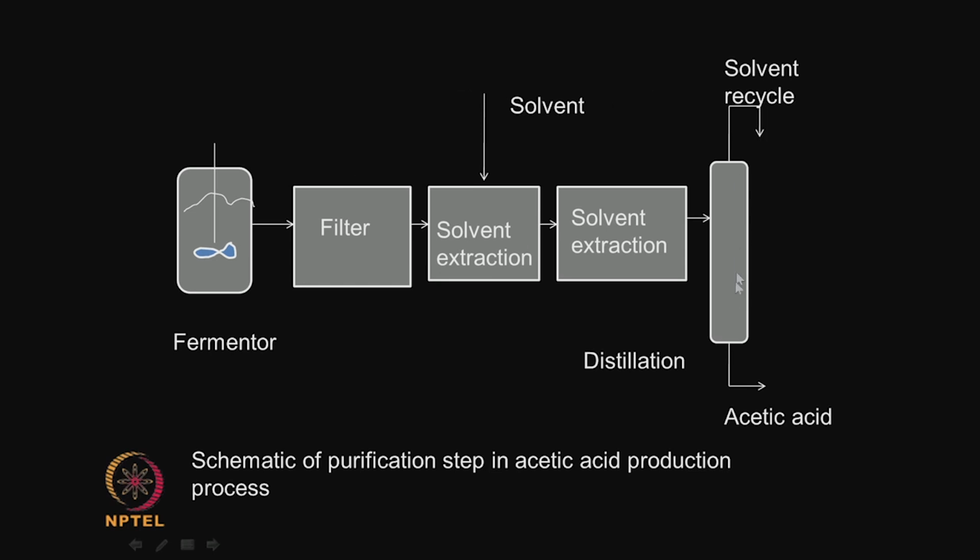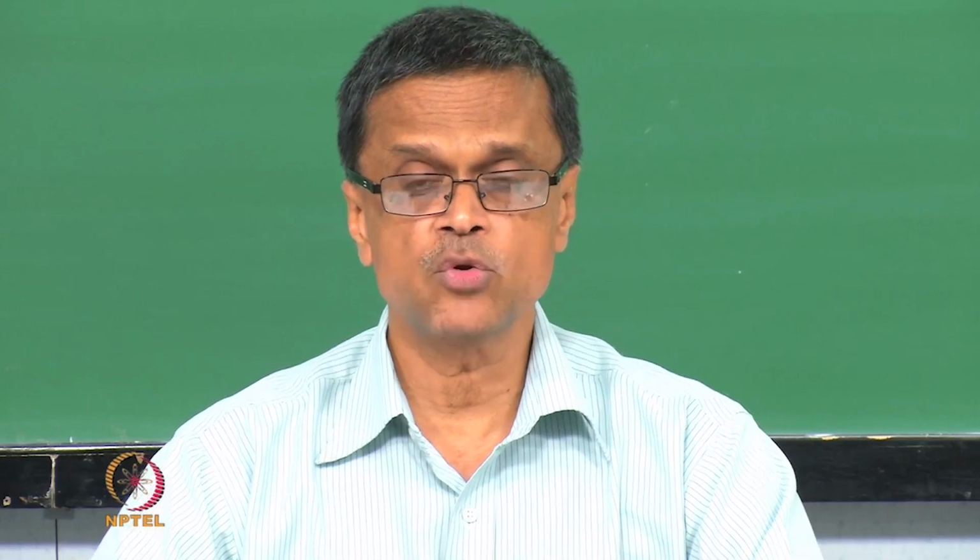So, this is a typical flow sheet of a downstream process. You have a filter, you have a solvent extractor and you have a distillation column. So, this is a very simple downstream process. Sometimes you may have very complicated processes involving chromatographies and crystallizers and so on. So, in this particular case we have just 3 different units of downstream.